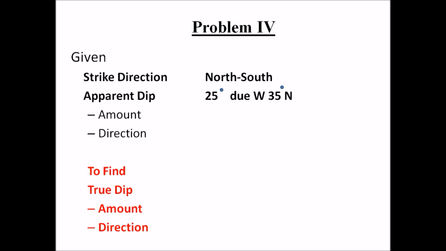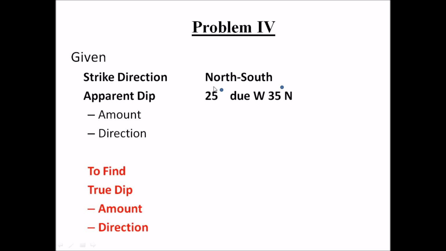In this case we are taking strike as north-south, and then one apparent dip is given. The amount is 25 degrees, and the direction of dip is 35 degrees north of west. So both the amount and direction are given. Our objective is to find out the true dip in amount and direction.